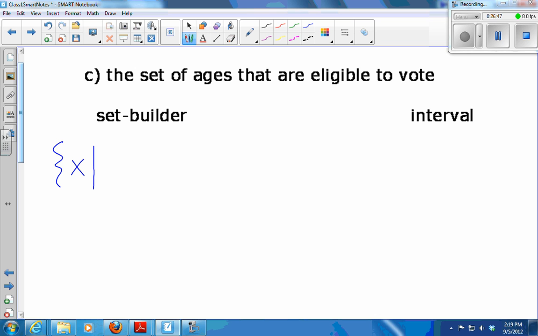So you just said, let me write it down, the set of all x such that 18 is bigger than or equal to. Yeah, you had it the wrong way because this would say that under 18 can vote. Right? So we just switch this so that the age that you are has to be bigger than 18.